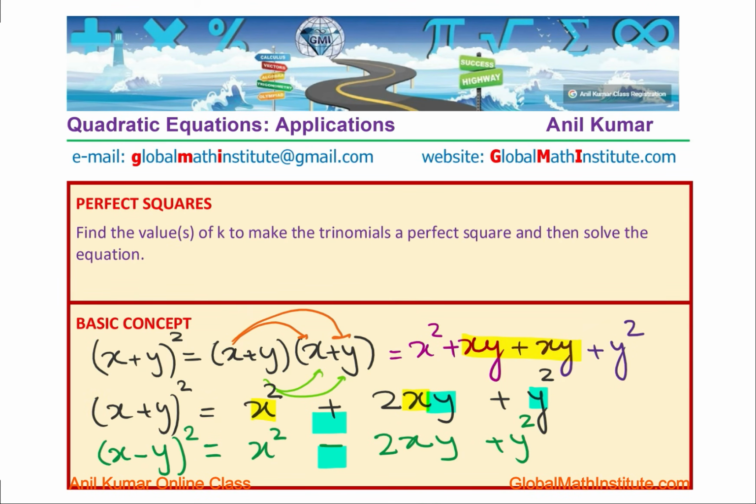Any equation which is of the form x squared plus 2xy plus y squared equals 0 can be written as x plus y whole square equals 0, and if there is a minus here, it becomes minus. So if the k value is in between, you put it minus, even then you can make a perfect square.